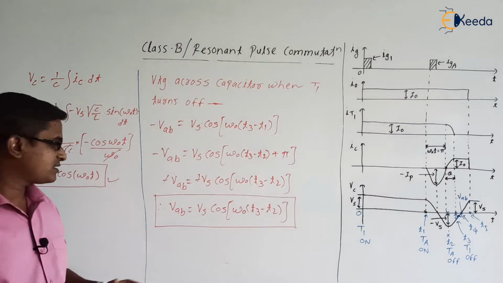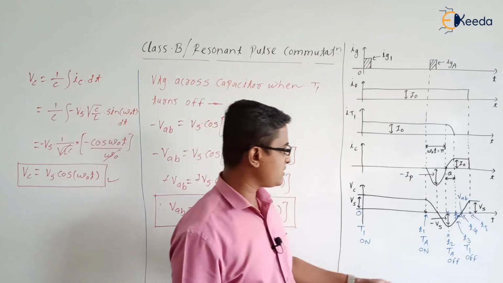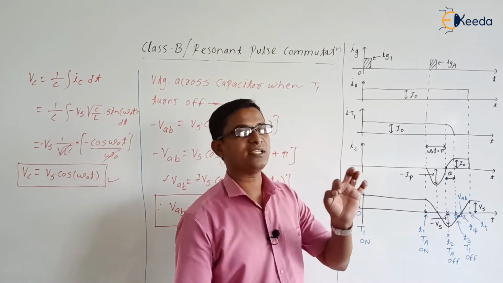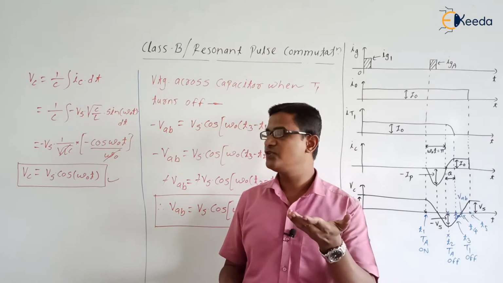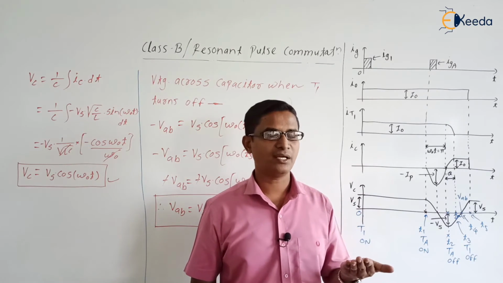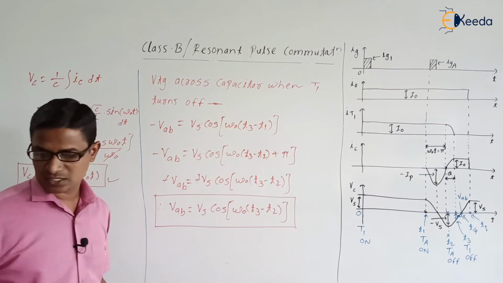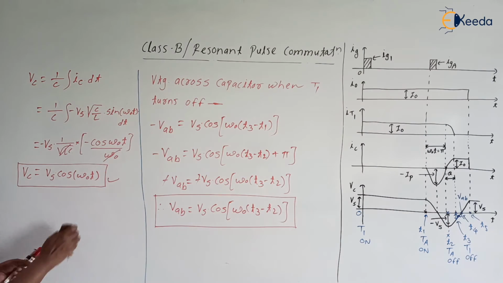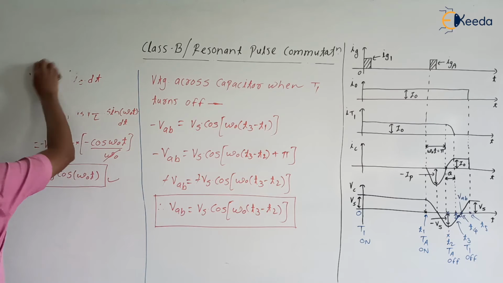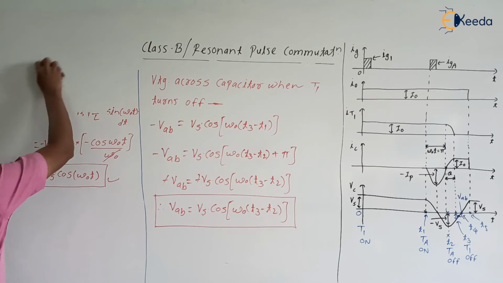This same voltage will appear across thyristor T1 when T1 turns off. If you check the circuit operation, you will understand it. So the voltage across the capacitor when thyristor T1 turns off is VAB. Similarly, we can write the voltage across T1 when it turns off.